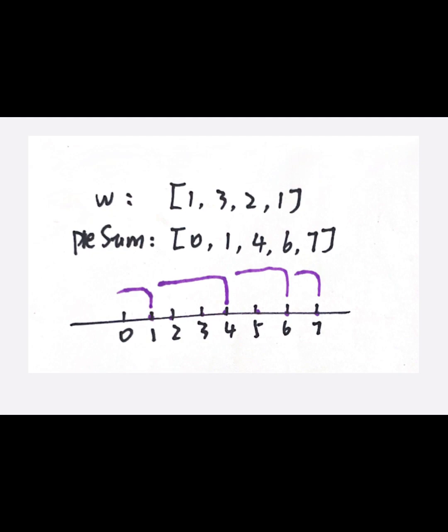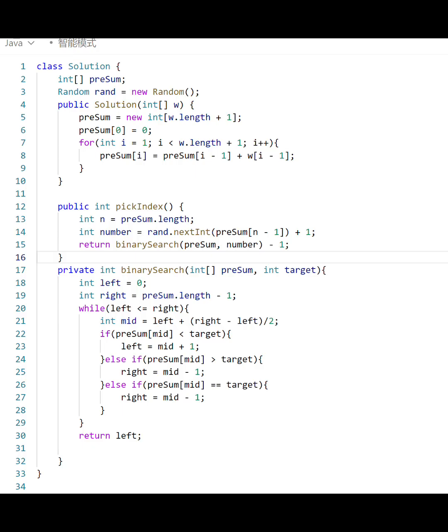So we immediately think about the prefix sum problem. We will first create our prefix sum array. Recalling the knowledge we have learned before, for a prefix sum array, the length is equal to the original array's length plus 1.